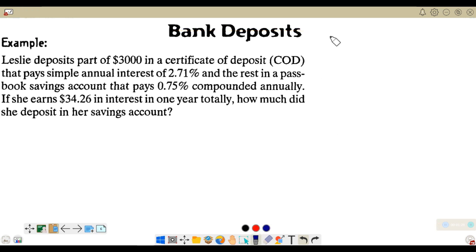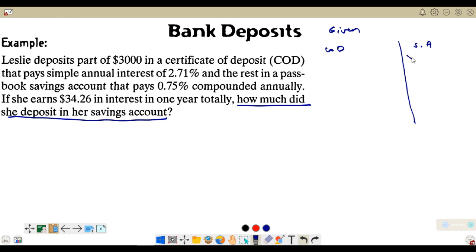So list down muna natin yung mga given sa COD. Dito ko na lang siya sinulat kasi kailangan natin ng space. So, for the given sa COD at saka given sa savings account, so ang hinahanap natin ay how much did she deposit in her savings account.